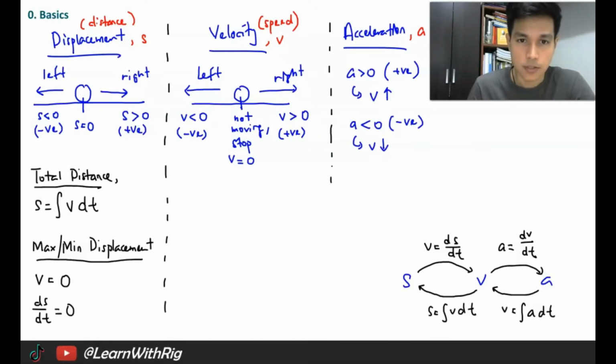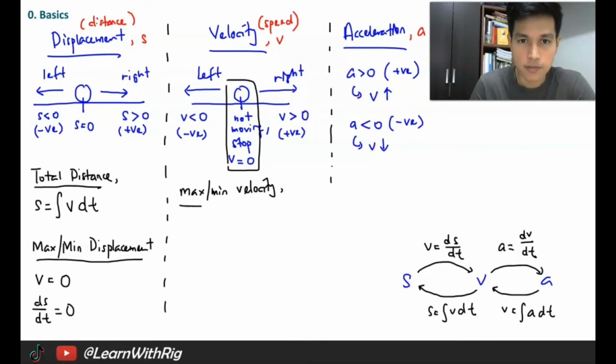Now what about velocity? Whenever they say it's not moving, or the particle is stationary, or it comes to a stop, you must know that velocity equals 0. What else can they ask? They can also ask for maximum or minimum velocity.